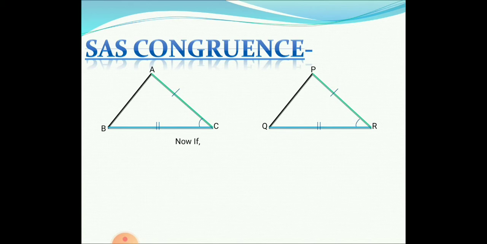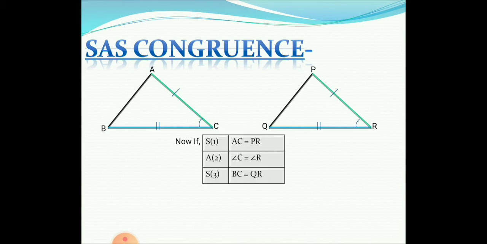In these two triangles, if side AC is equal to PR, angle C is equal to angle R, side BC is equal to side QR, then triangle ABC is congruent to triangle PQR by SAS congruence.